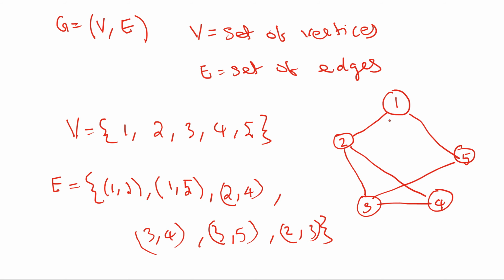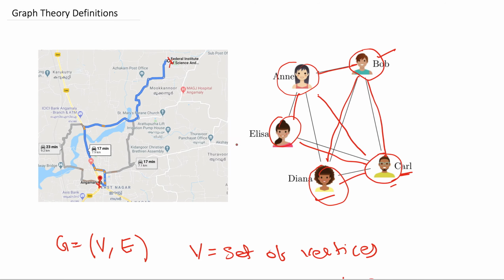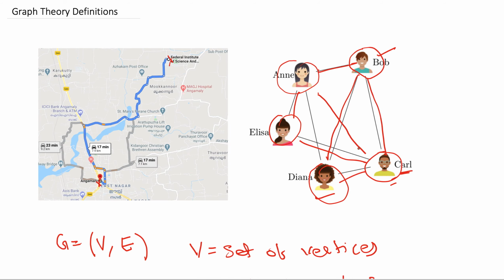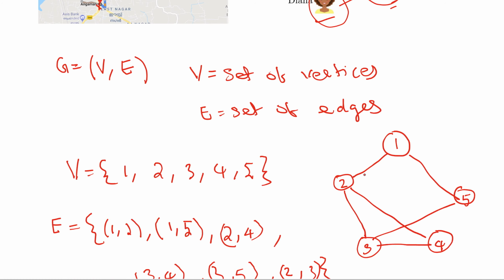When you compare this graph structure with the map application or the social media friendship picture, in the first case you can assume the nodes or vertices as the locations in a graph and the edges as the distance or the path connecting those two places.